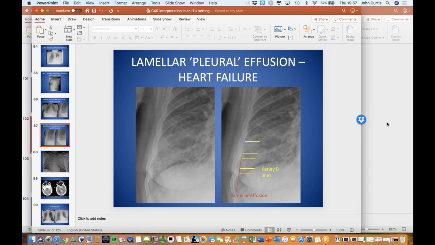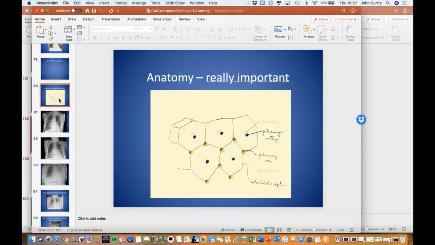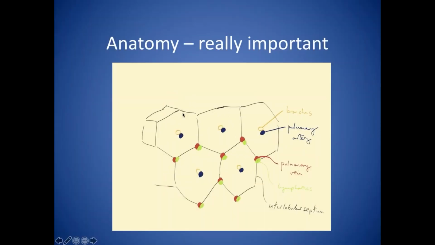Any more questions? Could I explain the anatomy of the secondary pulmonary lobule and how curly lines are formed? Okay, if you look at this slide here, you can see that the patient has secondary pulmonary lobules all lined up like paving stones. Here's the interlobular septum, here is the bronchus, here's the pulmonary artery, and running in the septum, which is the gap between the lobules, we've got the pulmonary veins and the lymphatics.